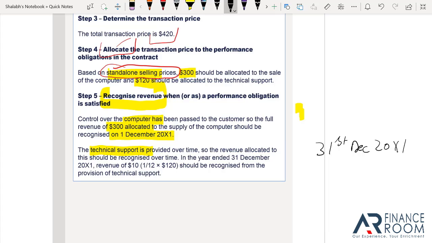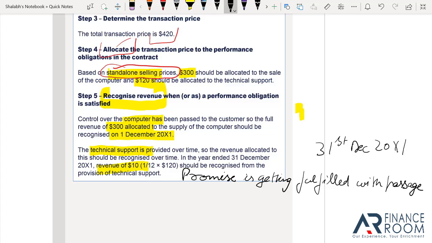2011, you shall be recognizing revenue only for this particular month, because here the promise is getting fulfilled with the passage of time, or over time.